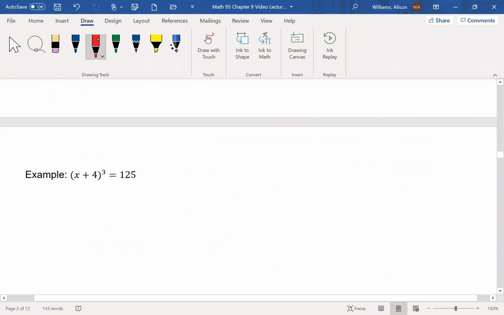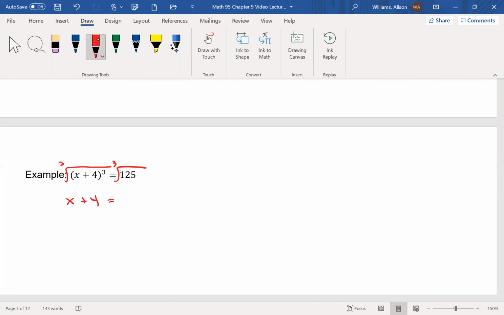All right, so let's go back to a cube. So I can do this. I just have to take the cube root of both sides. On the left side, I have x plus 4, because it cancels that out. But on the right side, I'm going to have the cube root of 125. So what cubed gives us 125?